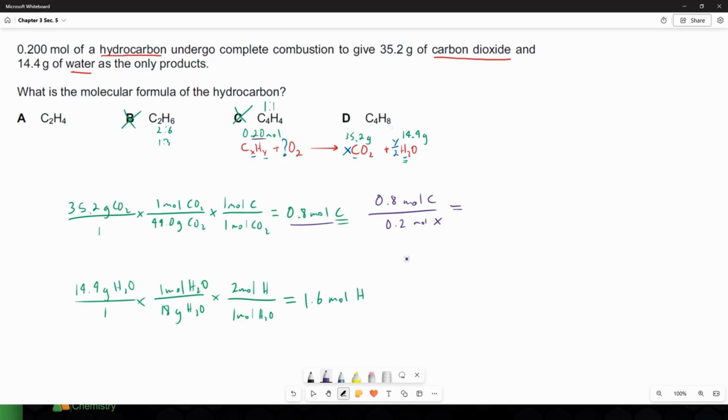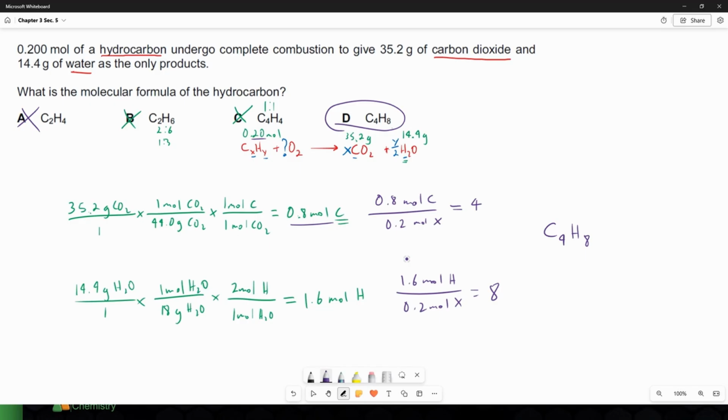So 0.8 divided by 0.2 should be 4. We do the same thing with hydrogen. We have 1.6 moles of hydrogen divided by 0.2 moles of this compound X. 1.6 divided by 0.2 gives us 8. So in this formula, a C4H8 formula, meaning that the answer has to be D, not A.